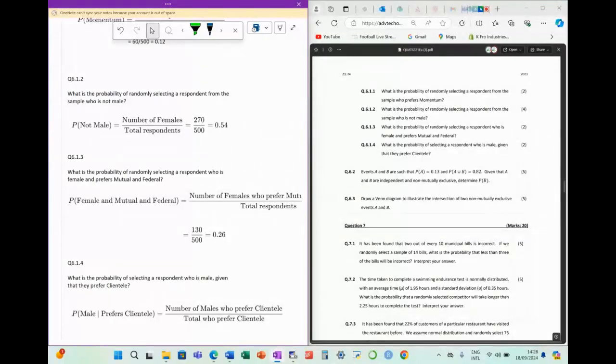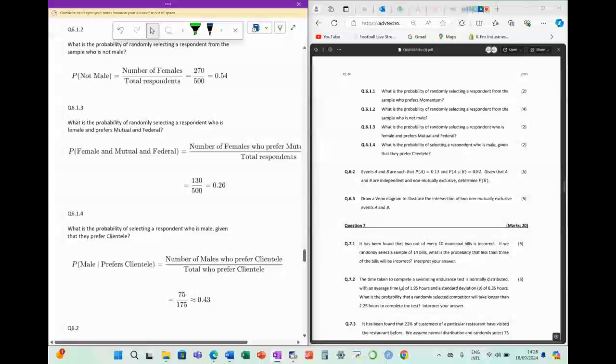Or we can say 1 minus the number of males divided by your total respondents. Remember there's him, her these days, and there's them, so if we have that mix, then we know it'll be easier just to say 1 minus that probability.